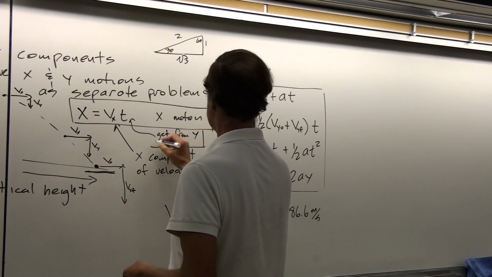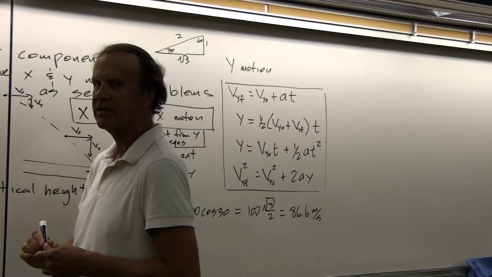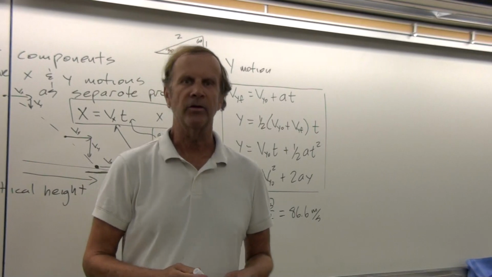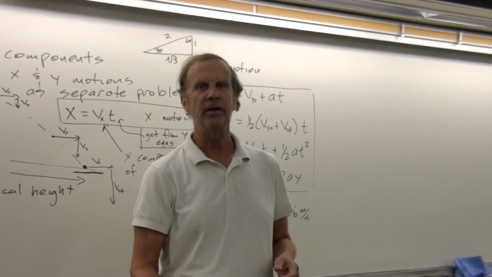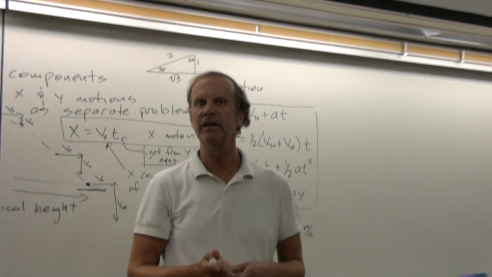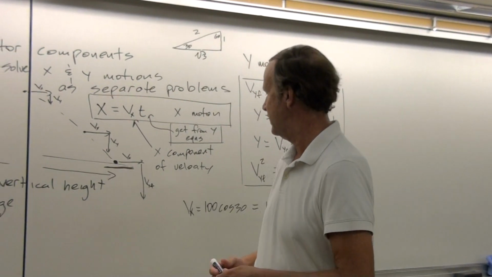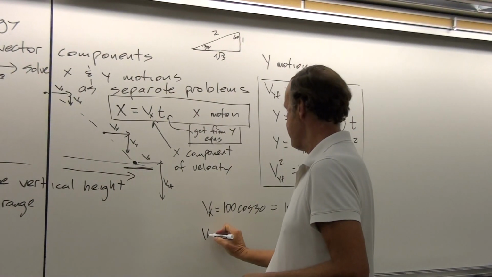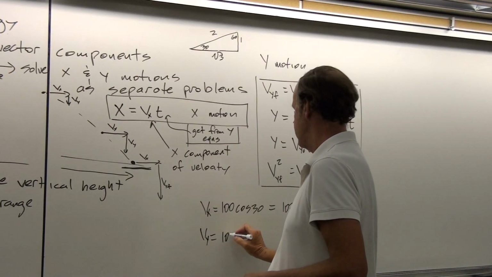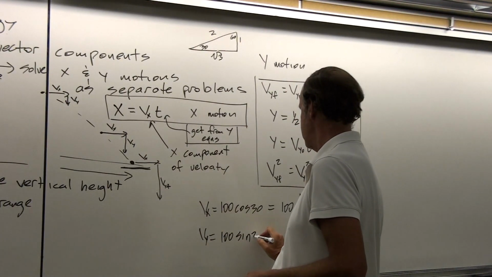So what we need to do then is ask ourselves an equivalent question. That question being, if I throw an object upward with an initial velocity that's equal to, in this case, Vy would be equal to 100 times the sine of 30.